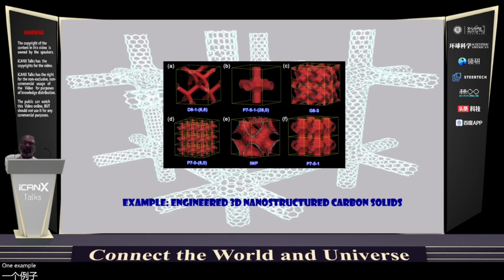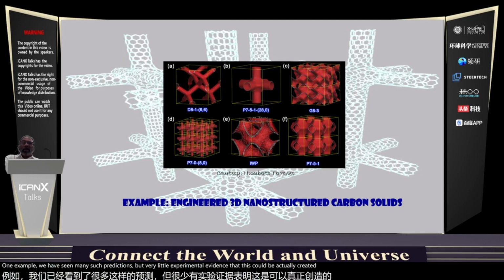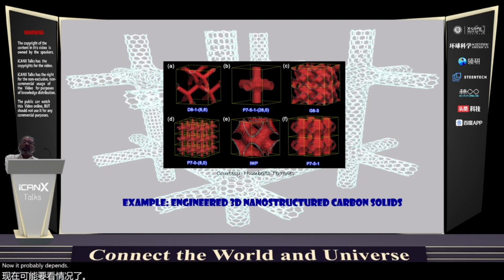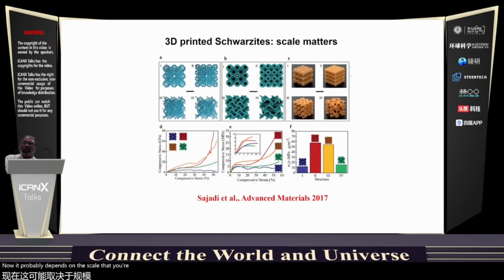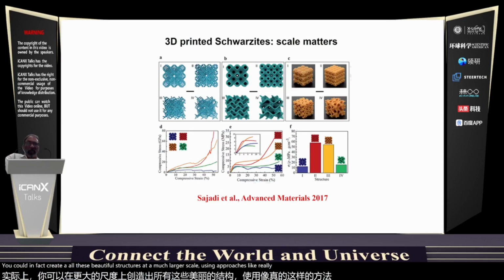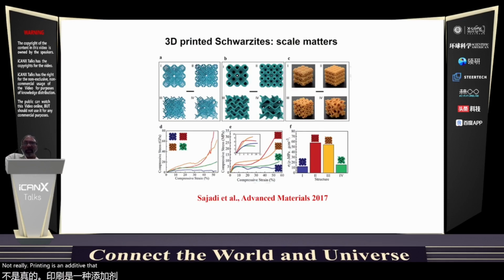So that's one example. We have seen many such predictions, but very little experimental evidence that these could actually be created. Now, it probably depends on the scale that you're talking about. You could, in fact, create all these beautiful structures at a much larger scale using approaches like 3D printing. 3D printing is an additive technique, and it would be the macro scale analog of bottom-up materials building.